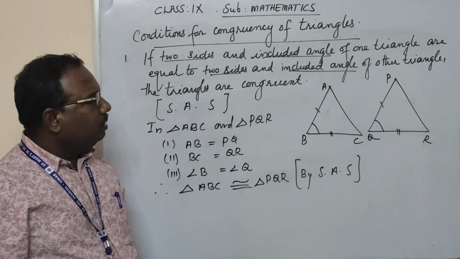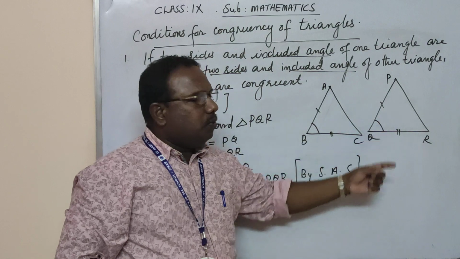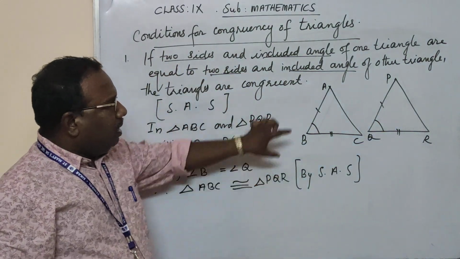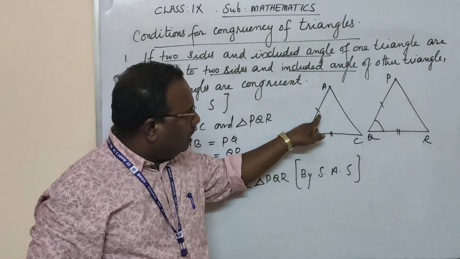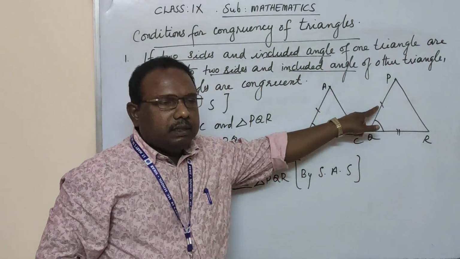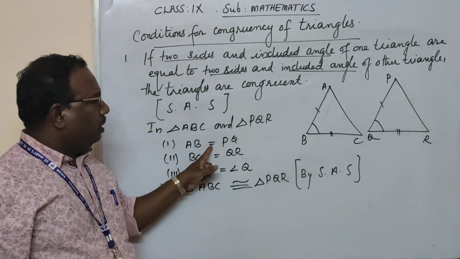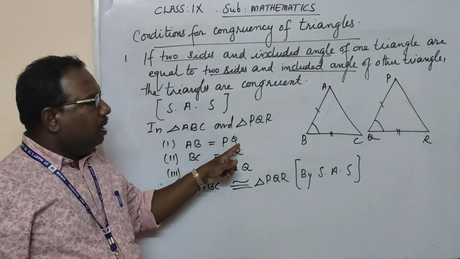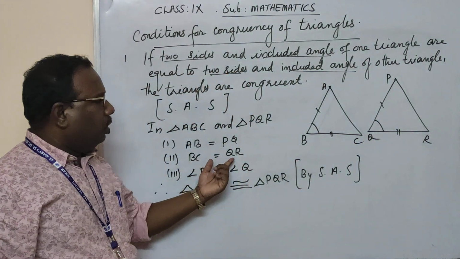Once more, in the triangles ABC and PQR, AB corresponds to PQ. You can see here single cut. AB is equal to PQ. And BC corresponds to QR. That means BC is equal to QR.